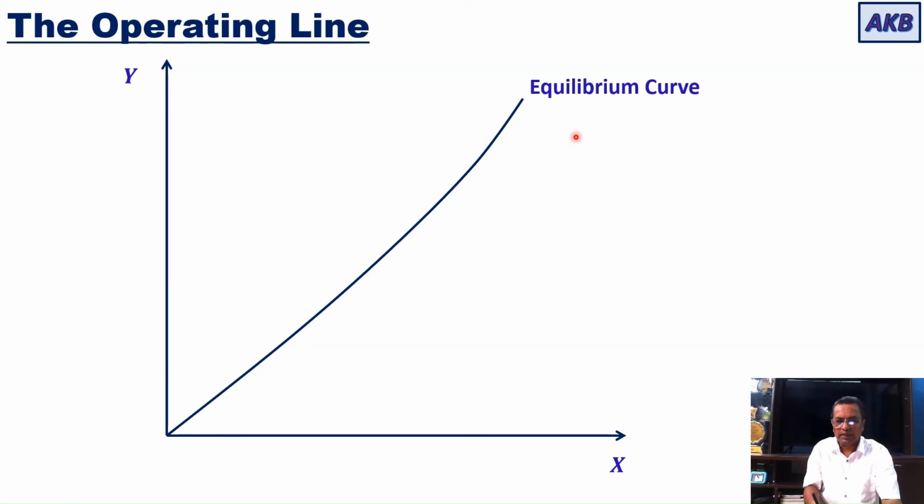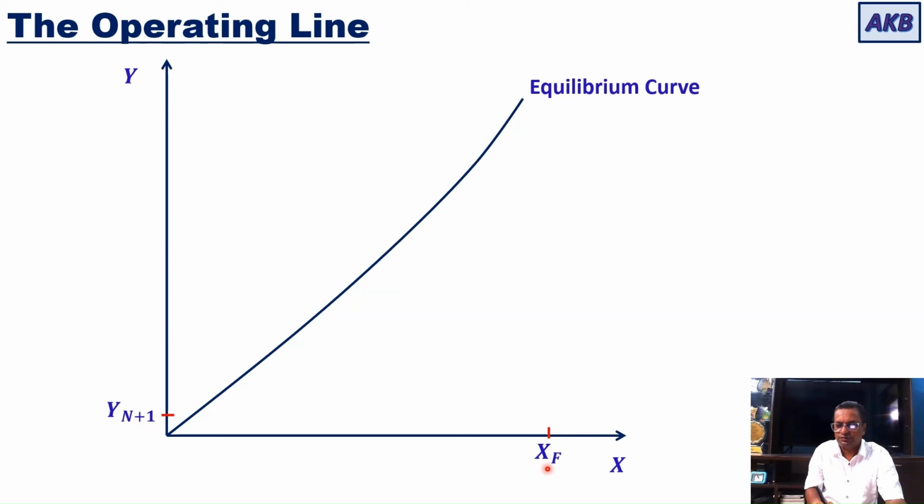Now, let us first locate the endpoints. The y coordinate of one endpoint is Yn plus 1, and the x coordinate for that point is xf. That means xf represents the feed. So, you are starting at the end where feed is entering. And this point represents the end at which solvent is entering into the operation.